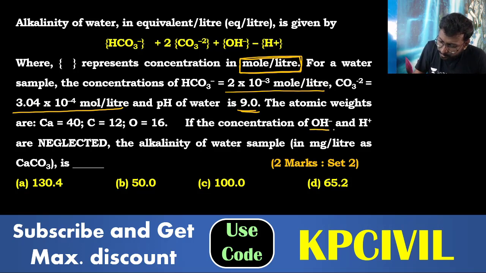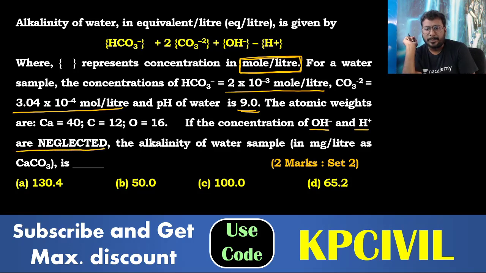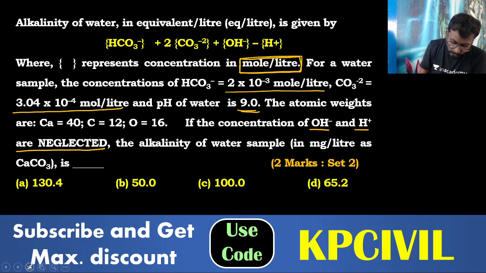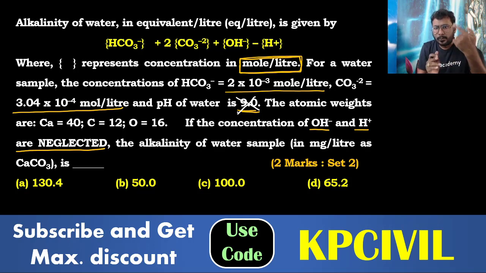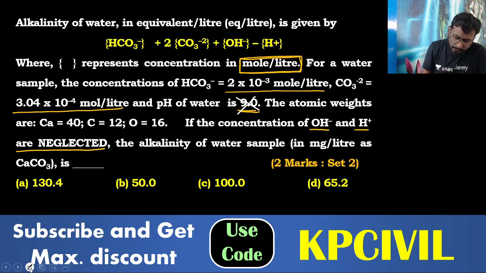Concentrations of OH minus and H plus are neglected. What is the meaning of this? Even though pH is given, you neglect it, as it is not required, because from pH you would get the H plus and OH minus concentrations. But they clearly say the concentrations of OH minus and H plus are neglected. The alkalinity of the water sample, in which units?